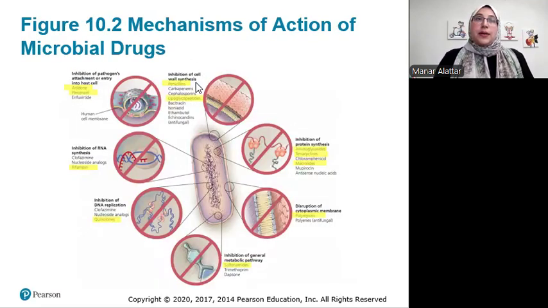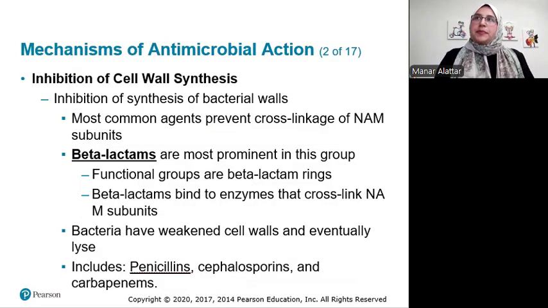We're going to talk about antibiotics that inhibit cell wall synthesis. Okay, so pathogens that are bacterial, and that's going to be our focus for the first part of our class today. At the end, we'll talk about some antivirals.